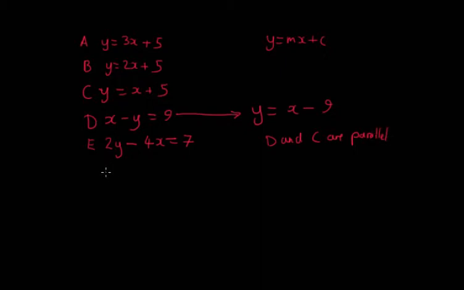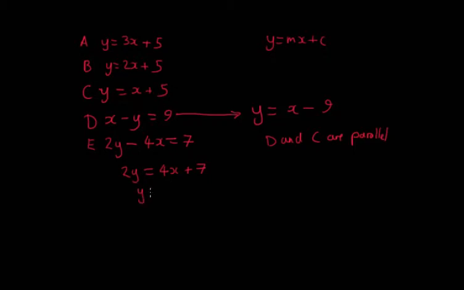Now that leaves us with E. So again we're going to rearrange the formula. So we're going to have 2y equals, and we're going to add 4x to each side, so 4x plus 7. And we're going to divide through by 2, so we get y on its own.